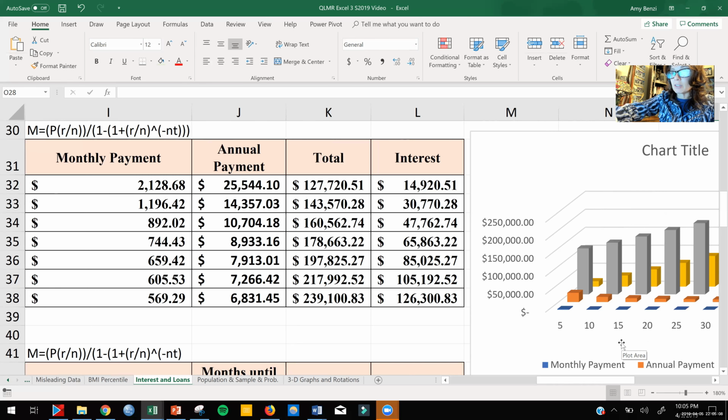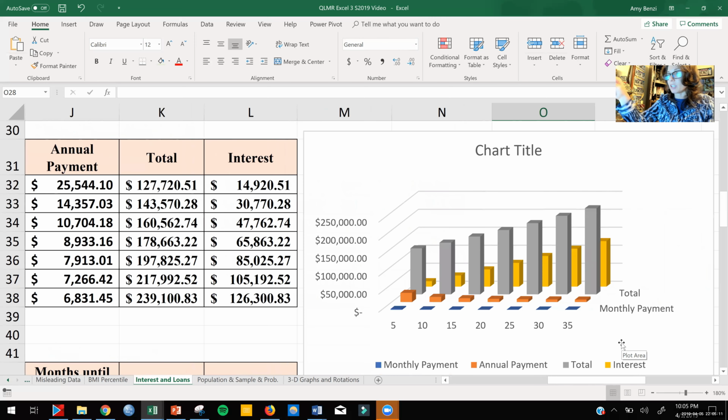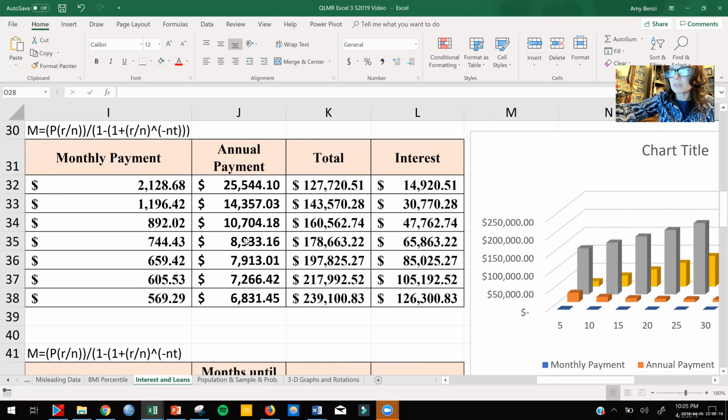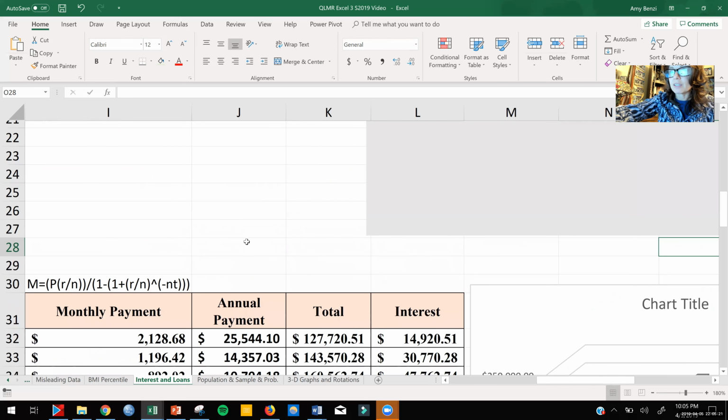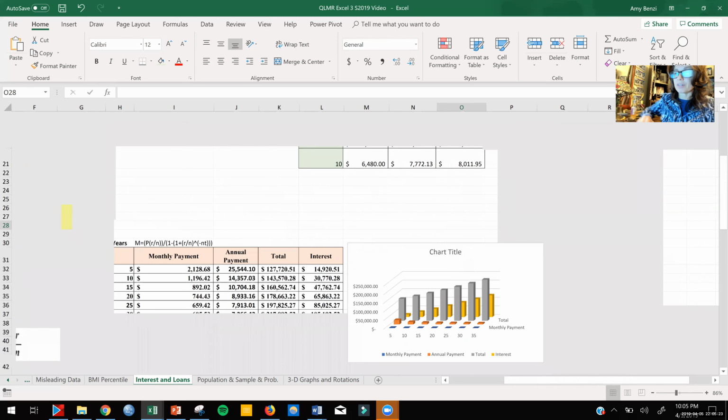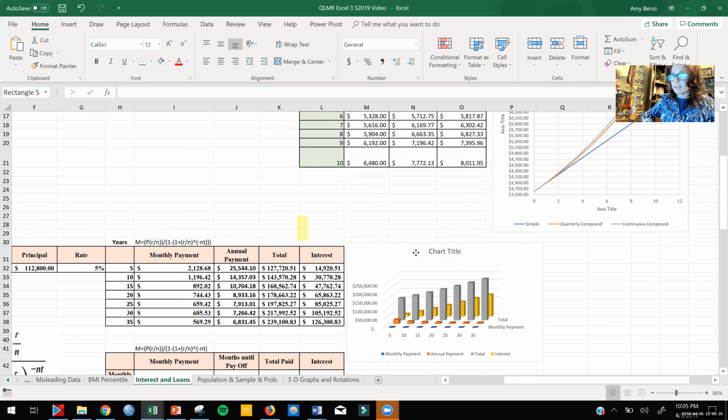All right, so now if we pay the house off, let's just go all the way to the extreme. If we pay the house off in 35 years, I got this little highlighter over here. Boy, I'll tell you, I really struggle with making these Excels big so that we can talk about them.